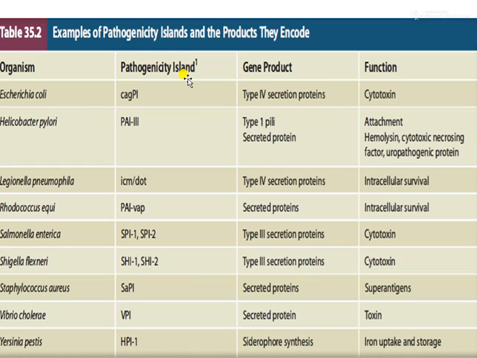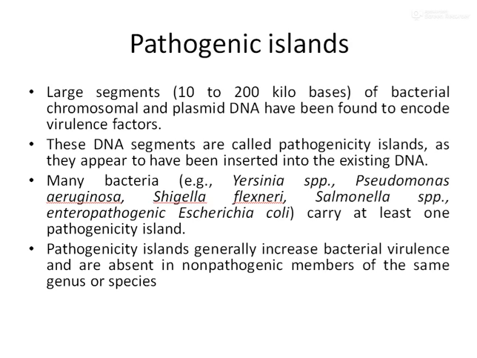So the presence of certain genetic elements, of about 100 to 200 kilobases of DNA, sometimes codes for the virulence factors in different organisms, and they are referred to as the pathogenicity islands.